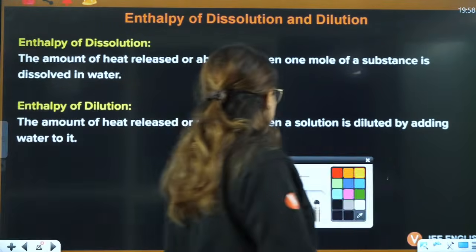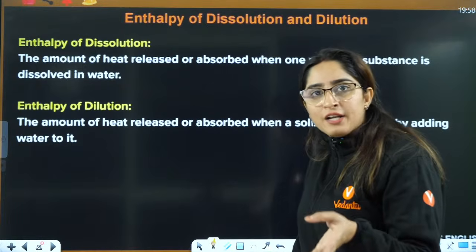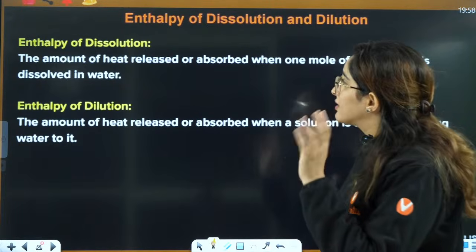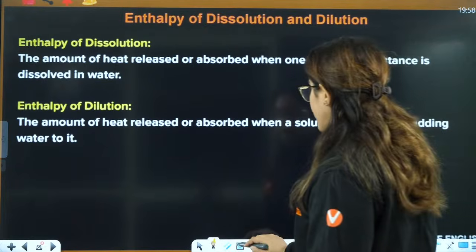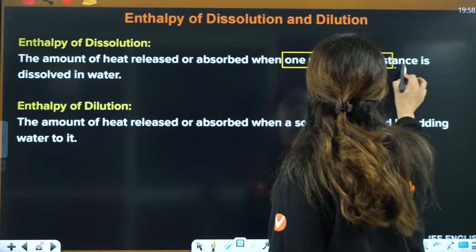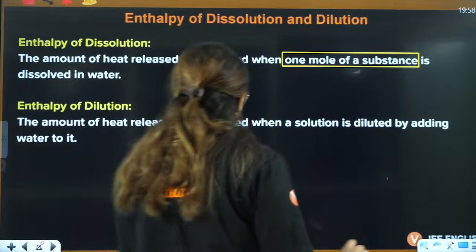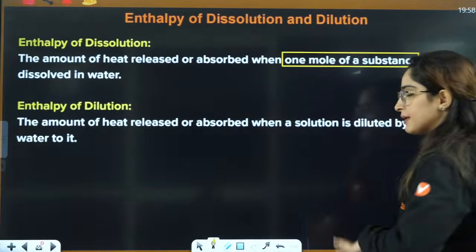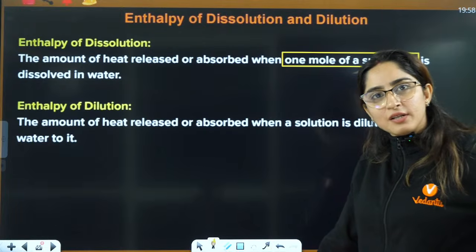Enthalpy of dissolution. We have done enthalpy of solution and hydration, but what is dissolution? It is the amount of heat released or absorbed when 1 mole of a substance is dissolved in water. Then, ma'am, what was hydration?